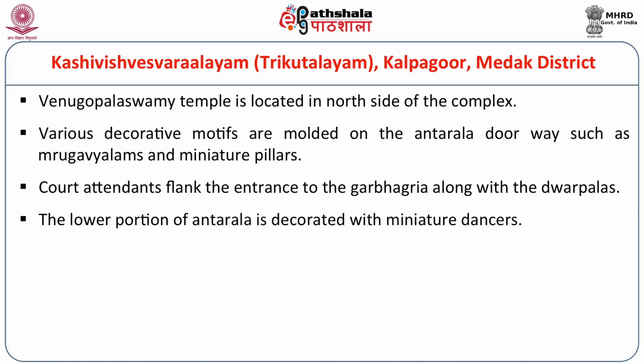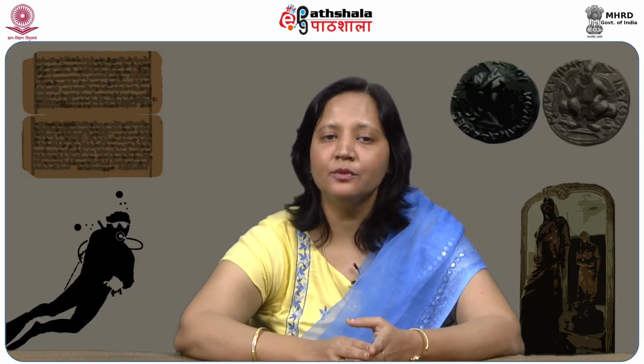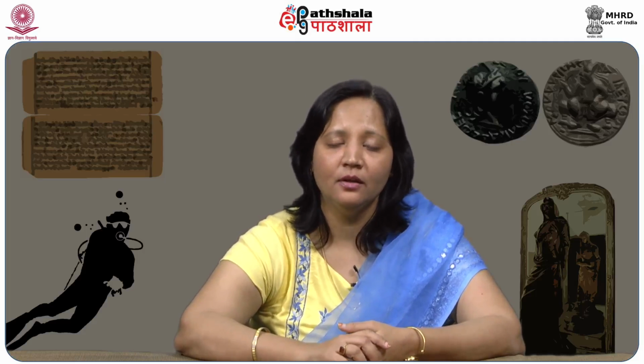The lower portion is decorated with dancers again. You can imagine the place that dance had in society during the Kakatiyas because of the importance given to their sculptures and their presence in absolutely every temple built during those times.